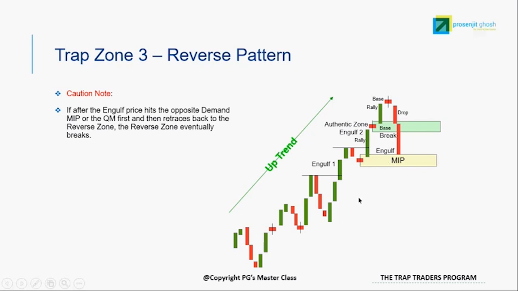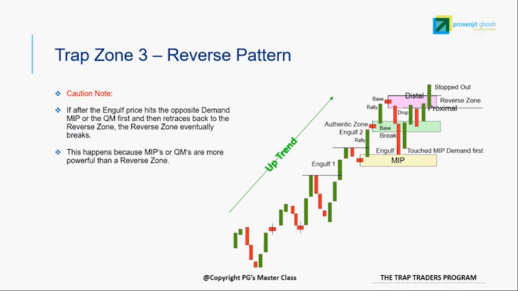As I said, MIP demands are very strong, and if price straight away goes to the opposite MIP and then comes up to your reverse zone, there is a chance that your reverse zone may break and you may get stopped out.